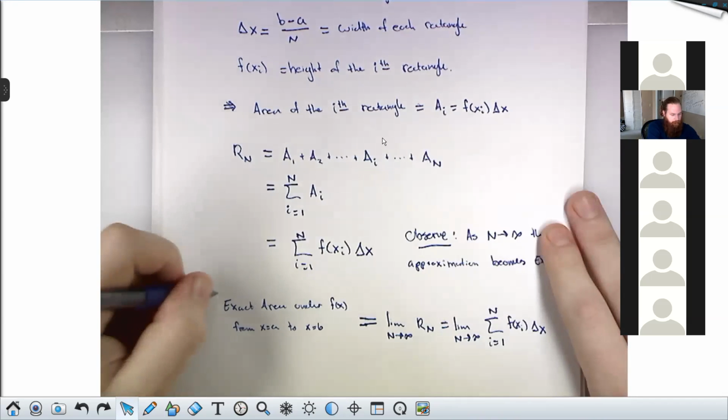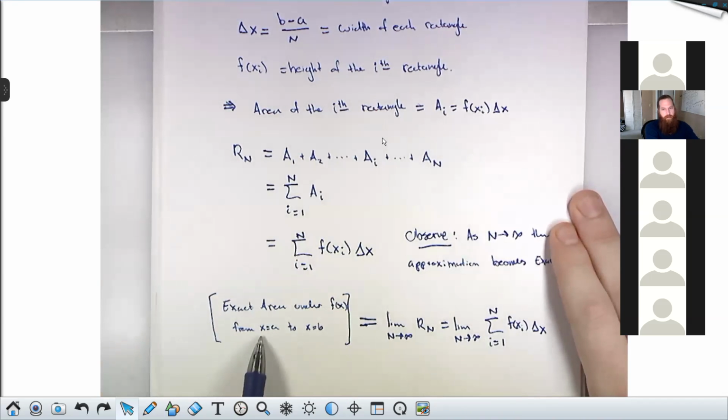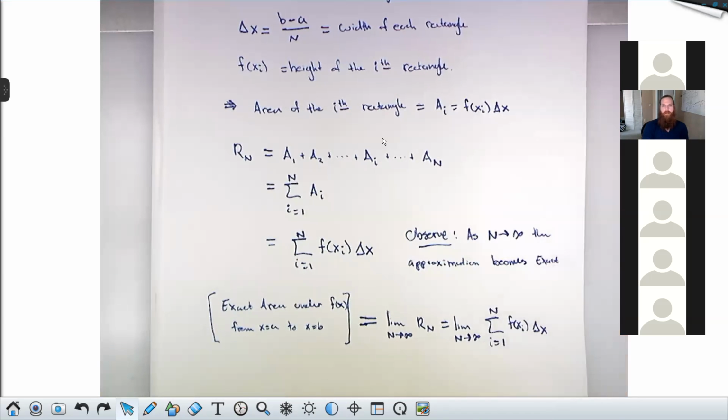And this is the game. So the thing I want, the exact area under my curve, is the limit of the Riemann sum. And the Riemann sum I now have a formula for.